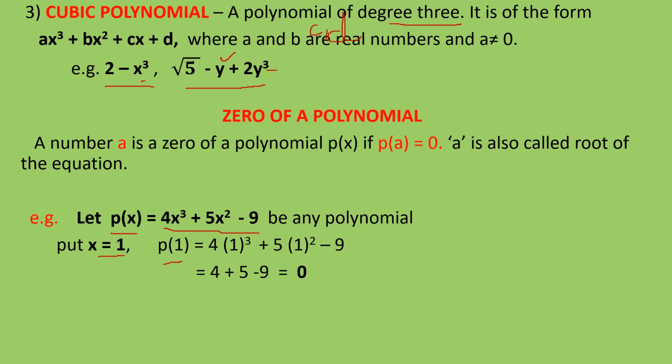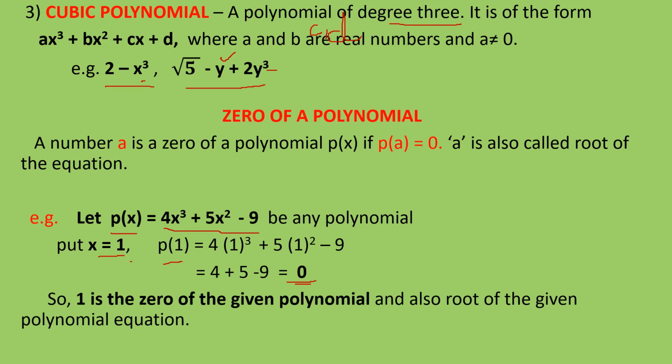So here 4 into 1 cube plus 5 into 1 square minus 9. After solving it, I am getting 0. That means after putting the value of the variable x as 1, I am getting the value of the polynomial p(x) as 0. That means x equal to 1 is the zero of the given polynomial.